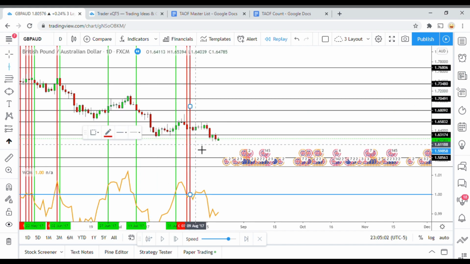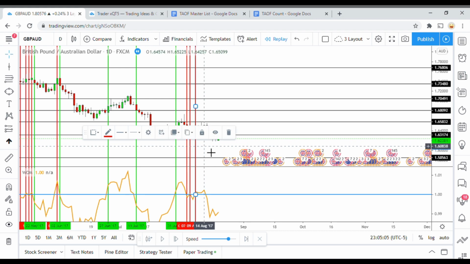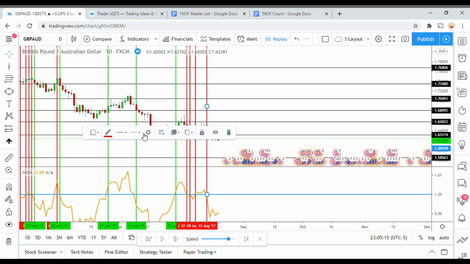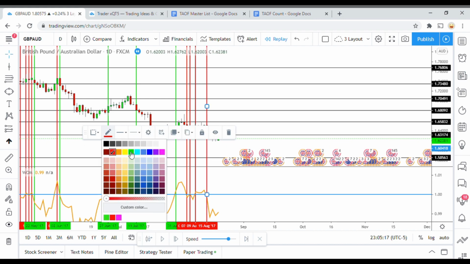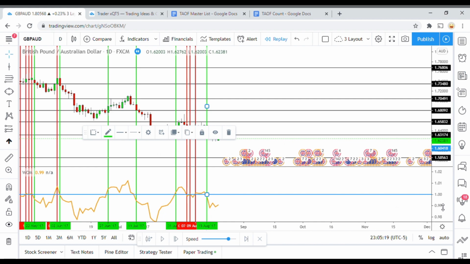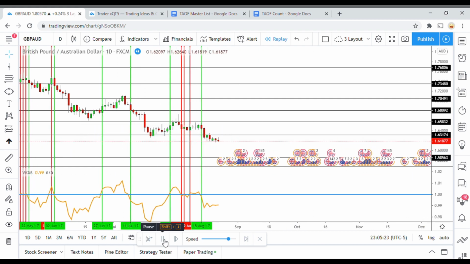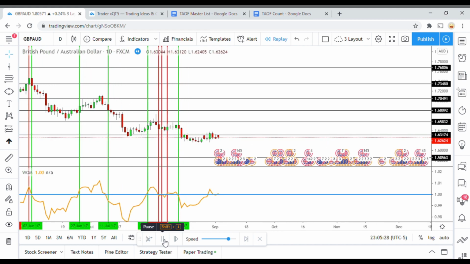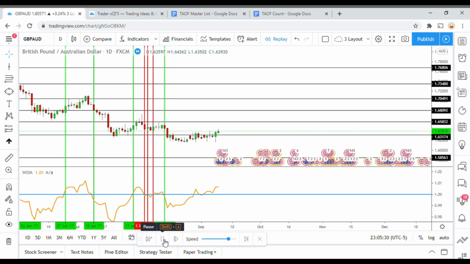Video is gonna get a little long, and so I'm gonna go ahead and just push through the rest of these signals here. We won't worry about price action too much now. We've played around with that enough. Let's just get the indicator tested.